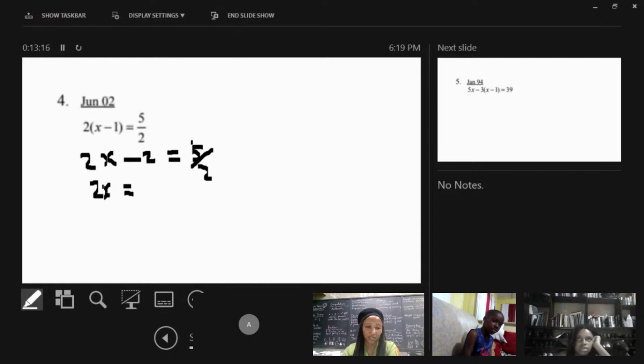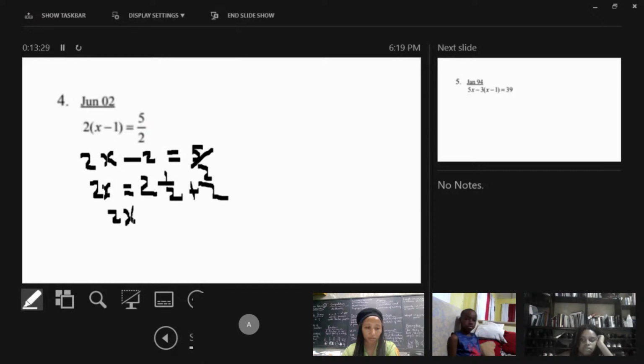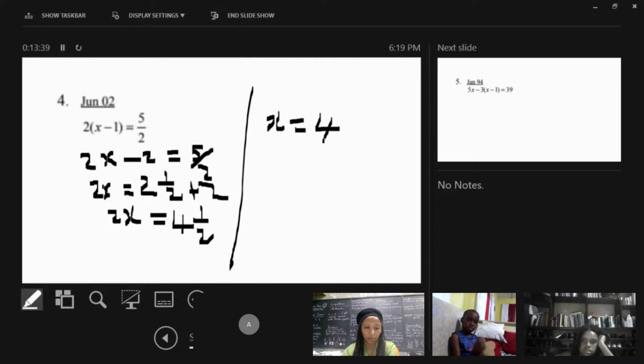Okay, so this is 2 and 1 over 2, and then we're going to add 2. Yes, Miss. So that would be 2x equals 4 and 1 over 2, and x would be 4 and 1 over 2 divided by 2. So then we're going to use the keep change flip method.